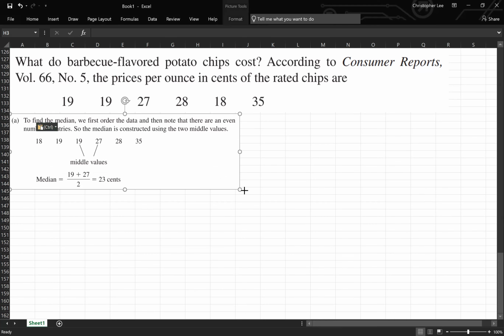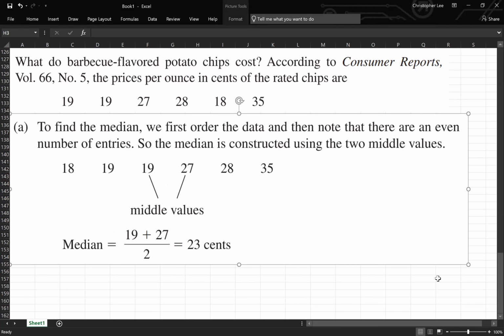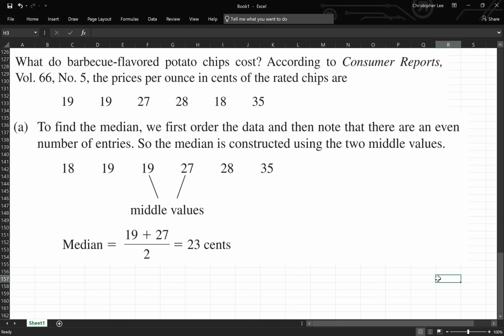To find the median, we first order the data and then note that there are an even number of entries. So the median is constructed using the two middle numbers. We have 18, 19, 19, 27, 28, 35. Our two middle numbers are the 19 and the 27.